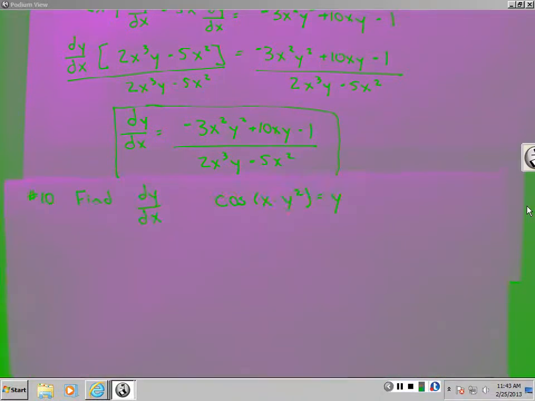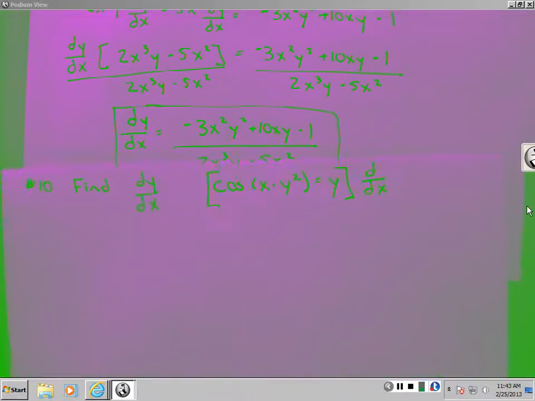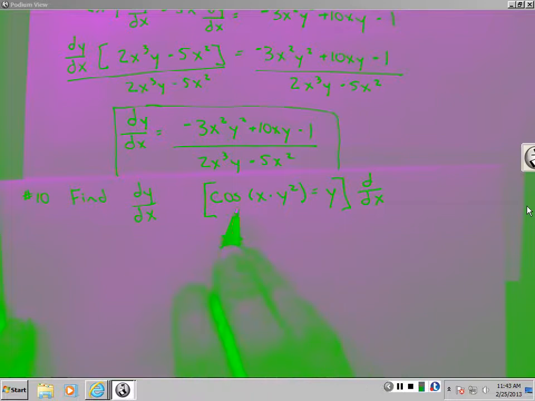The only way to do this one is by implicit differentiation. So implicit differentiation says I'm going to differentiate the whole equation in terms of x. So what is going to be the derivative of cosine of x times y squared?